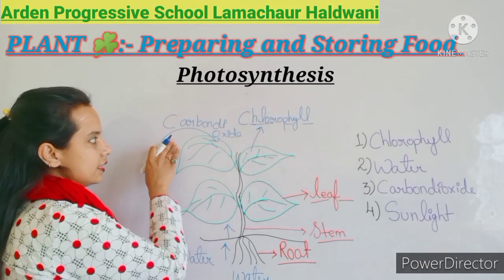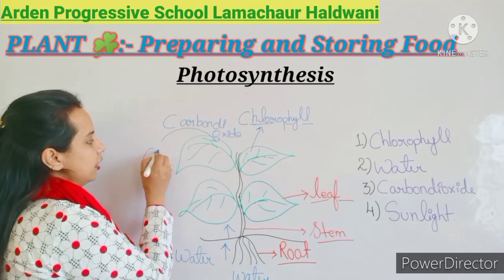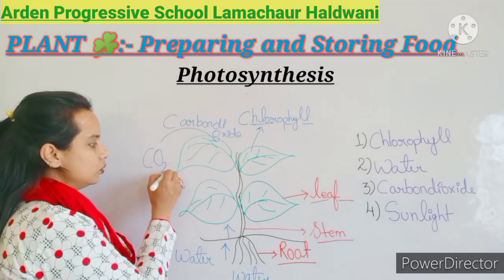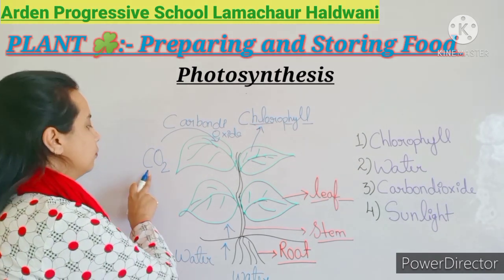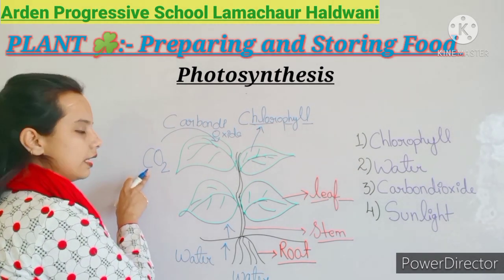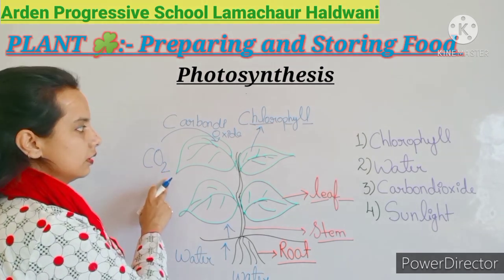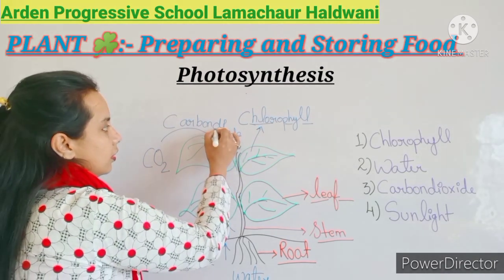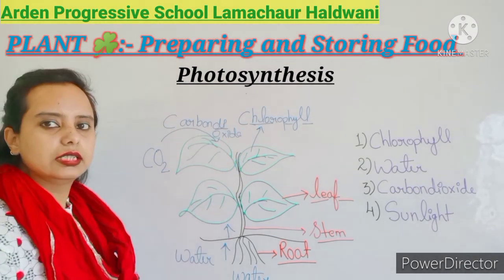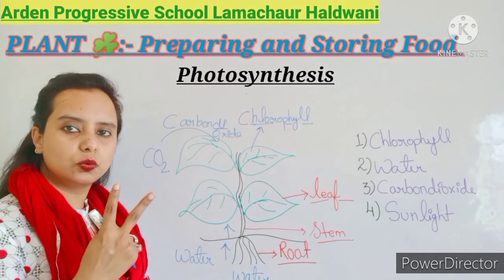Okay, and this carbon dioxide is written as capital C, capital O and 2. Why? Because there is one molecule of carbon, that is C, and 2 molecules of oxygen. That's why the di is written here. The term di means 2.